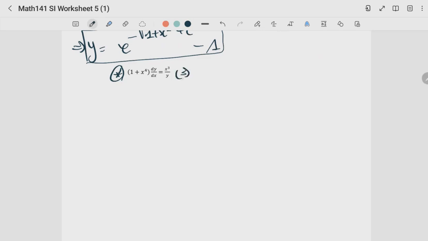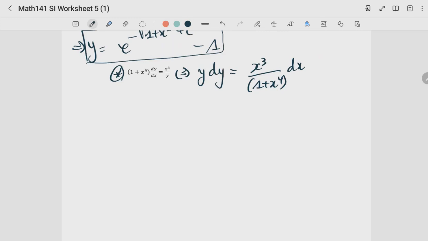To do this, we'll bring all the terms in y on the left-hand side. So we have y dy there. And all the terms in x on the right-hand side, which means we'll have x cubed over 1 plus x to the 4 dx.